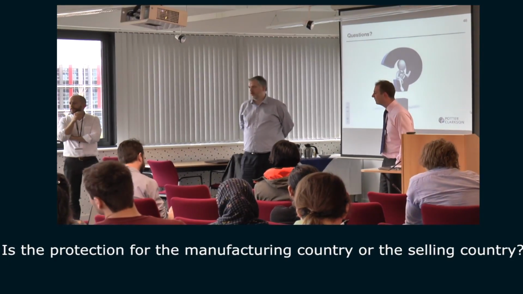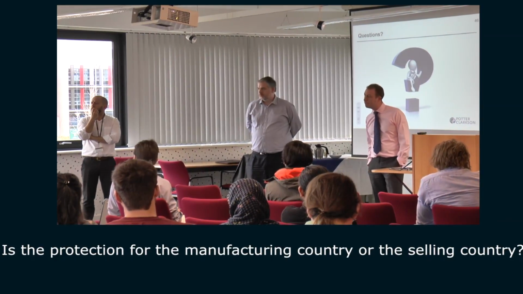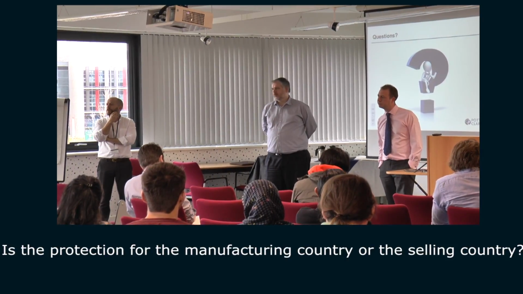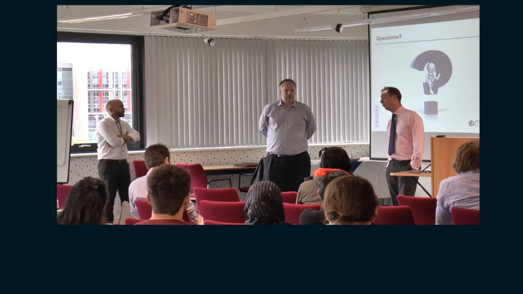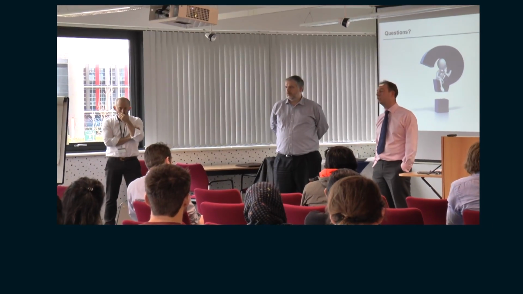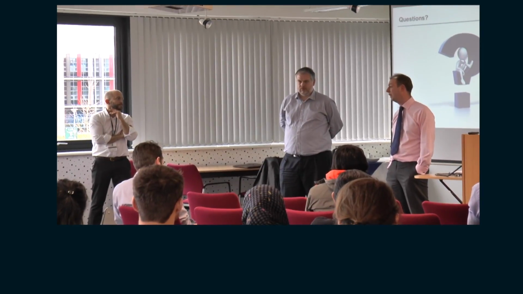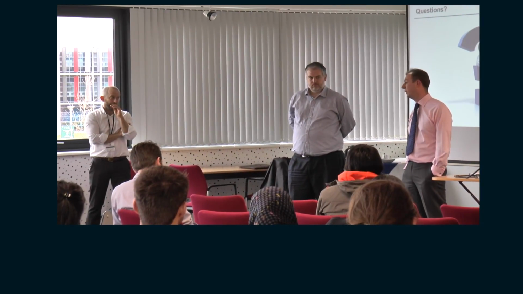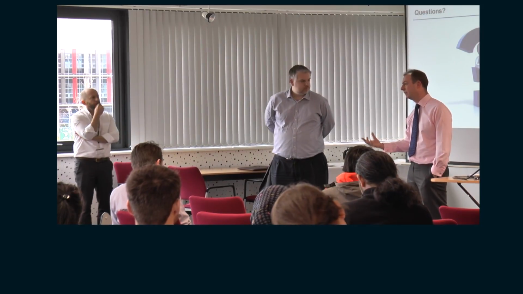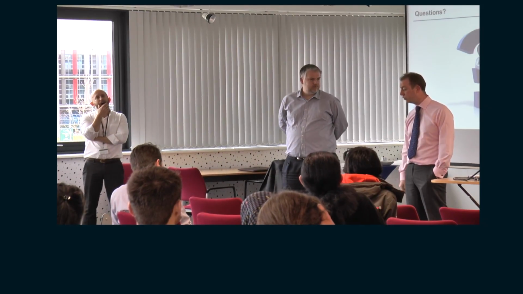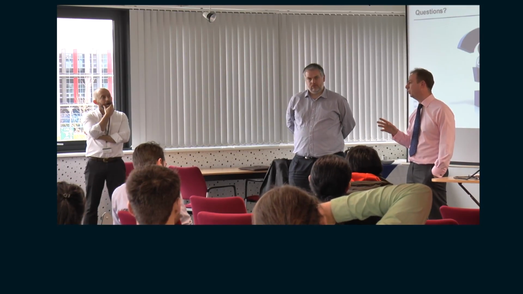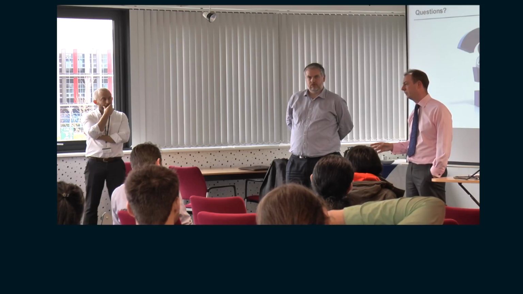It's 2 questions really. Is the protection for the manufacturer countries or is it for the selling countries? You will have to make that decision. A patent is territorial, so you will need to choose the countries that you want to protect in. You may choose manufacturing countries, you may choose where the market is, you may choose some intermediaries, but you will need to pick and choose the countries in which you want to potentially enforce your patent.